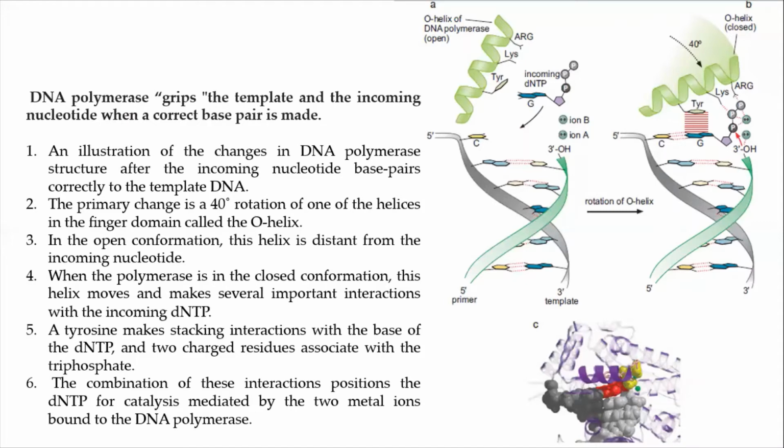And tyrosine makes the stacking interaction on the base of the DNTPs. So totally this is stabilized, and there is a rotation of 40 degrees on the helices on the finger domain. So they are known as O helix.